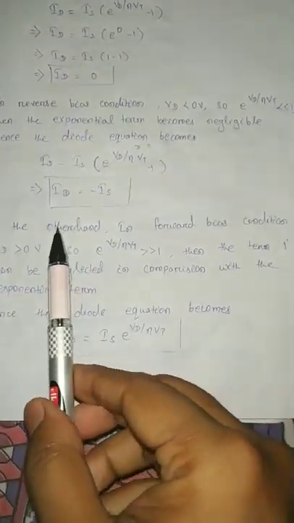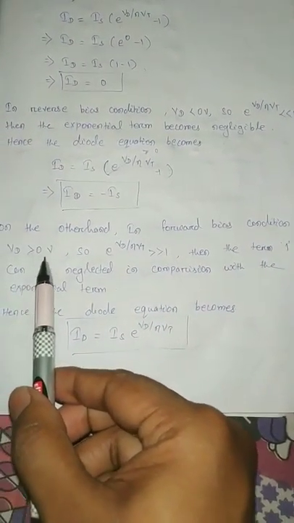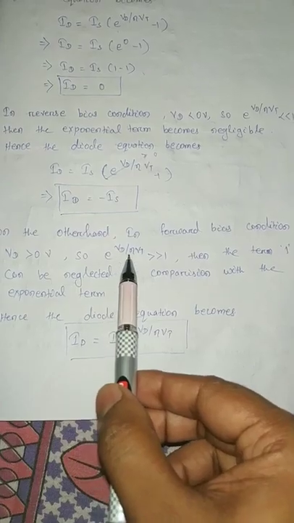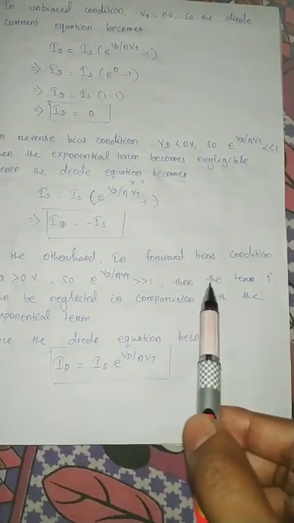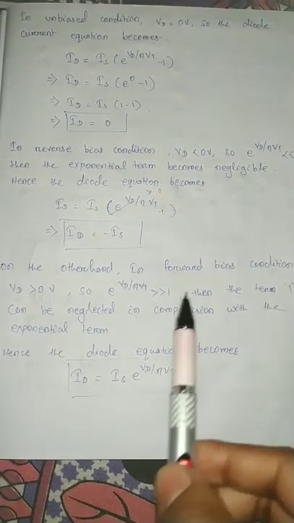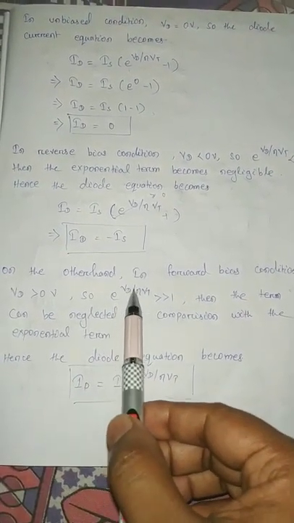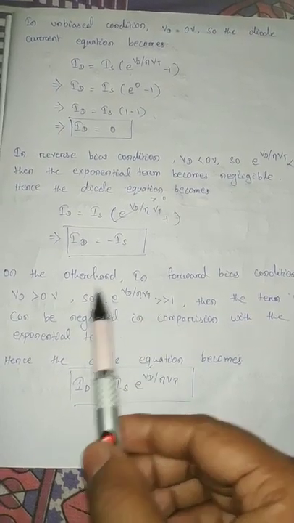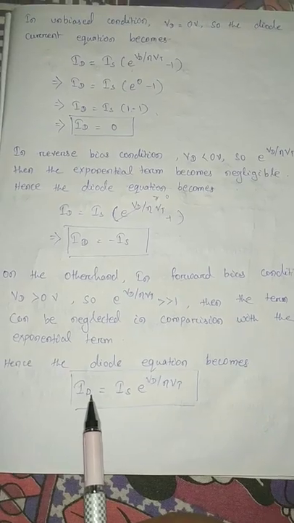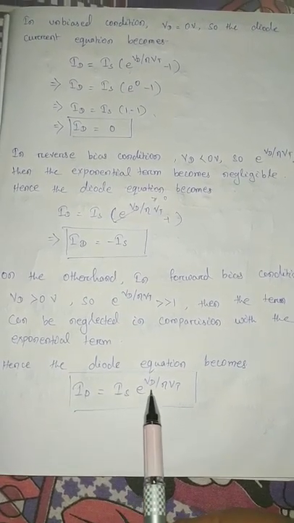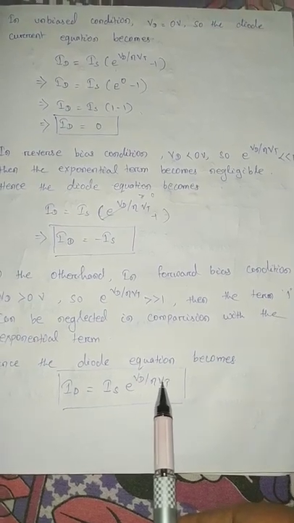In case of forward bias condition, Vd is positive, that is Vd greater than 0 volt. So e to the power Vd divided by eta Vt is very much greater than 1. Then the term 1 can be neglected in comparison with the exponential term. Neglecting it, we obtain the diode current equation Id equal to Is e to the power Vd divided by eta Vt.